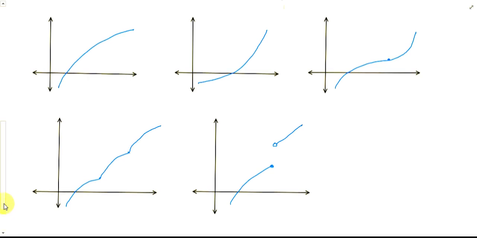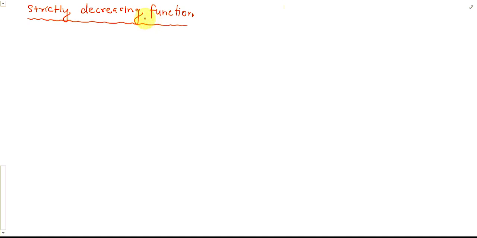Now let's see strictly decreasing function. Let us consider this graph. Now let us consider 2 points on this x-axis.